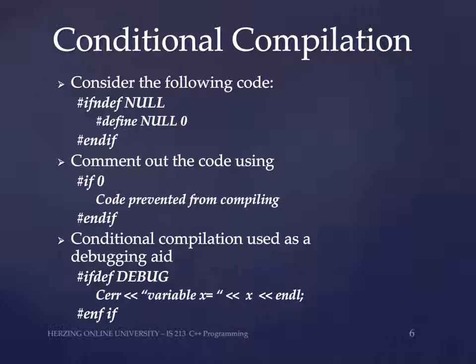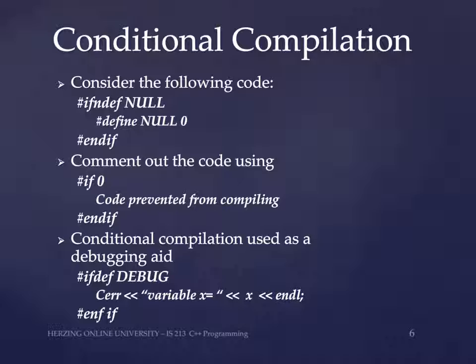So the expression #ifndef NULL includes the code up to #endif if NULL is not defined, and it skips the code if NULL is defined. Every if construct ends with #endif, as we mentioned earlier.